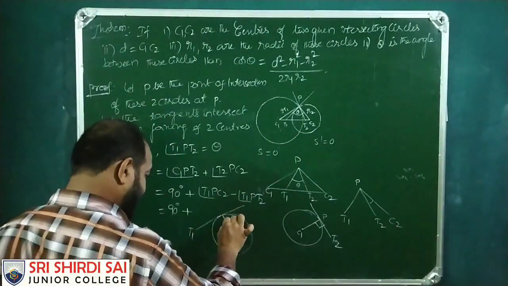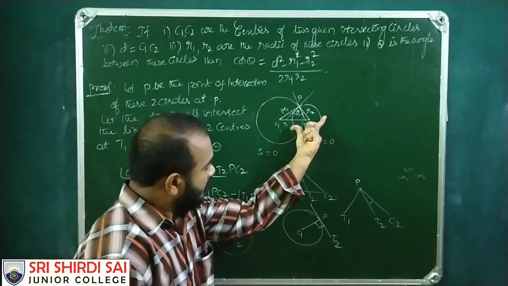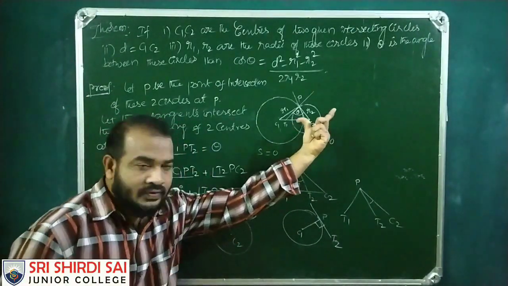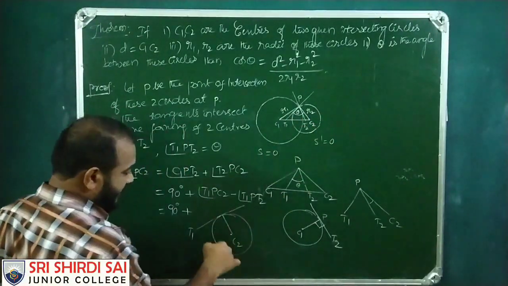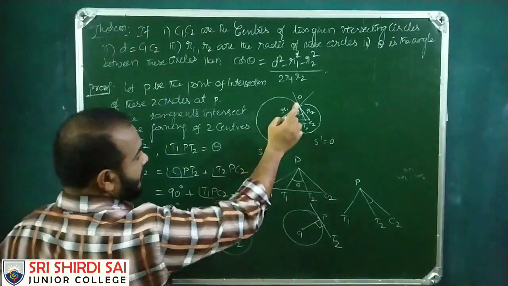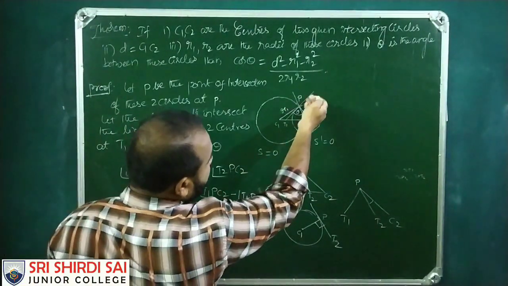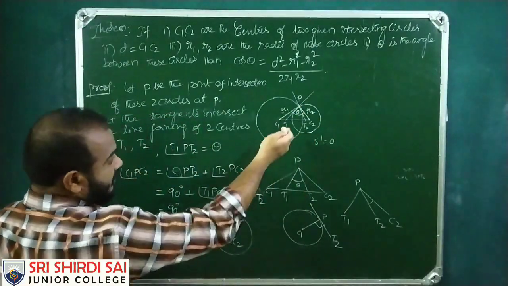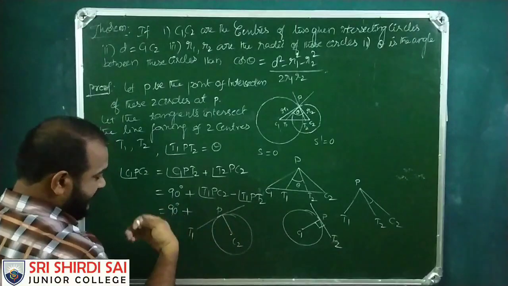Then this small circle I am trying to show separately. This is the circle here and this is P, and this is the tangent. So T1, for this circle this is a tangent, for this circle this is a tangent.